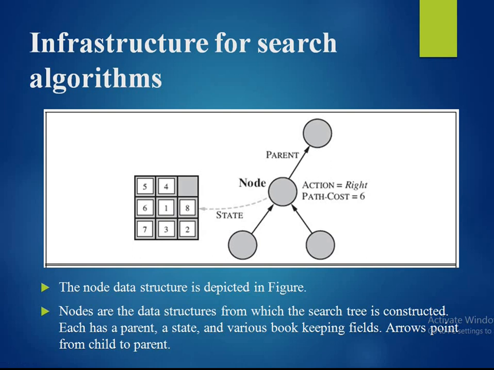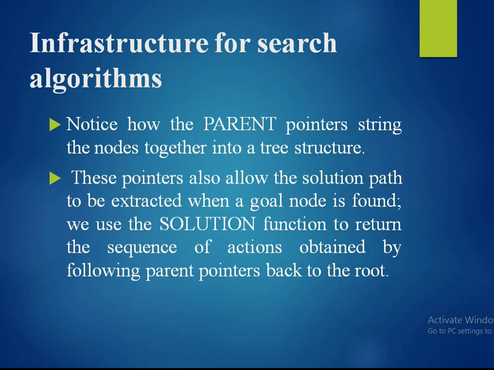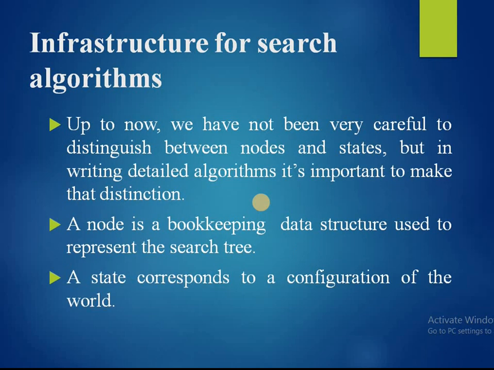The action here is right, and the path cost here is 6. Notice how the parent pointers string the nodes together into a tree structure. These pointers also allow the solution path to be extracted when a goal node is found. We use the solution function to return the sequence of actions obtained by following parent pointers back to the root.